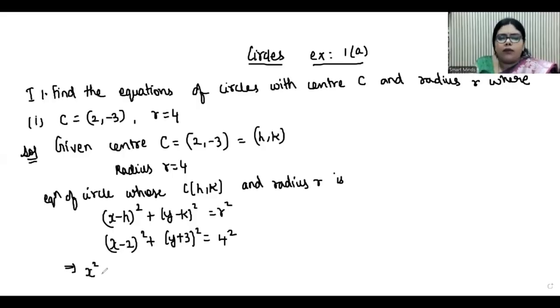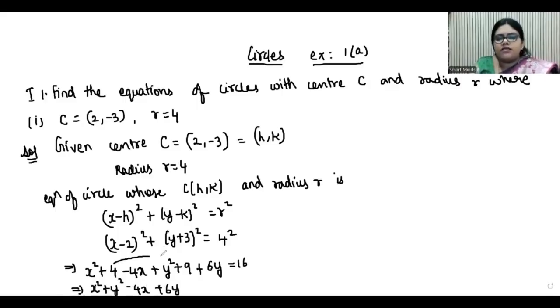So a square plus b square minus 2ab plus a square plus b square plus 2ab is equal to 16. Now arrange them in proper order. First x square, then y square, then x term, then y term, then constants. 4 plus 9 is 13. 13 minus 16 is minus 3 equals to 0. This is the equation of circle.